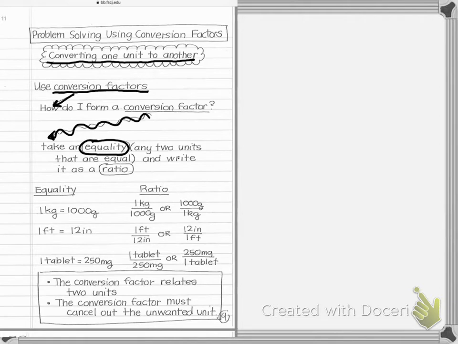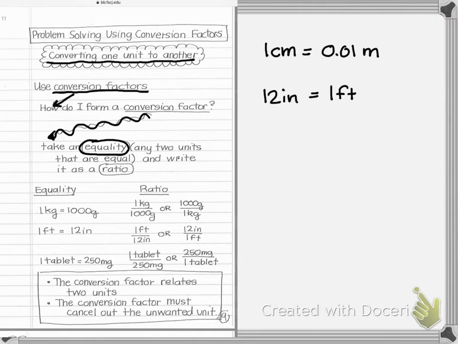An equality is when you have any two units that are equal to each other. So when we were talking about metric units, we said that 1 centimeter equals 0.01 meters. That's an equality because that tells us how many centimeters are equal to a meter. Or we said that there are 12 inches in 1 foot.